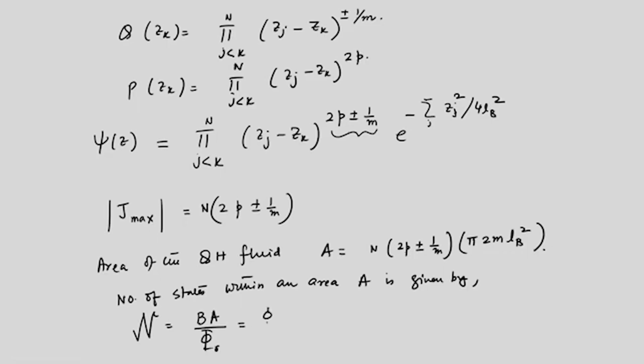So, this is equal to phi over phi 0, this is equal to (2p plus minus 1) over m squared n. Okay. So, that is the number of states that you obtain, and when we get the number of states, the filling fraction is given by this.